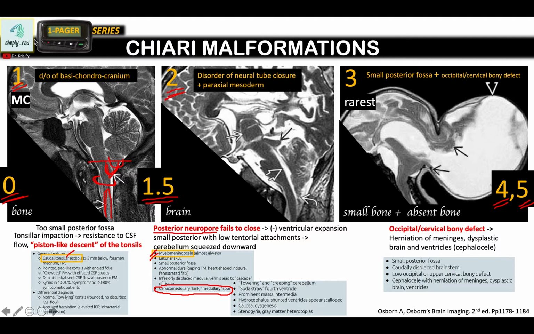So you have a myelomeningocele at the bottom because of the posterior neuropore failure to close, and you also have a myelomeningocele at the top, maybe occipital or it may be high cervical in location. So that's 2 plus another large lesion, giving you Chiari 5.